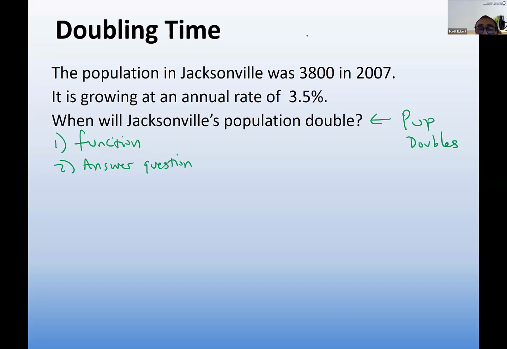So theoretically, we might have a linear model, or theoretically, we might have an exponential model. It could be either one. But we have a clue here. Can anybody tell me the clue of which model to choose?